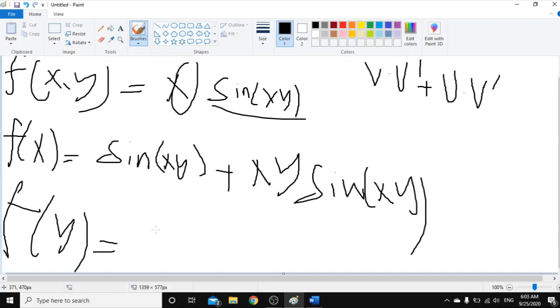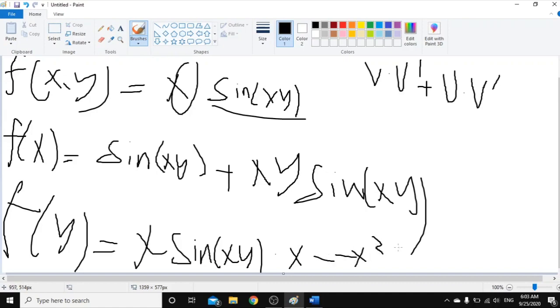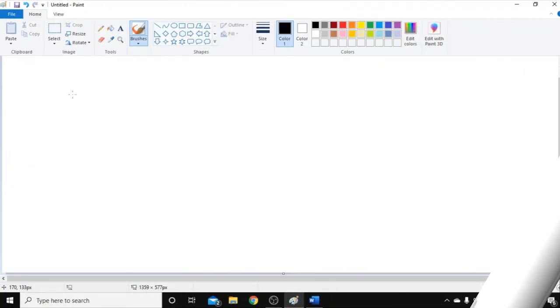So f of y is x sine x y, and the derivative of y, as I said, is 1. What's left here is x times x. So here you can say x times x is equal to x squared sine x y. And that's the answer.